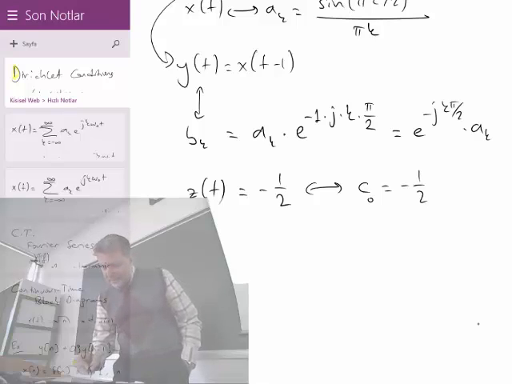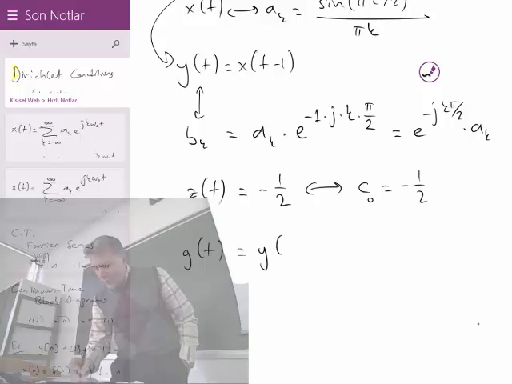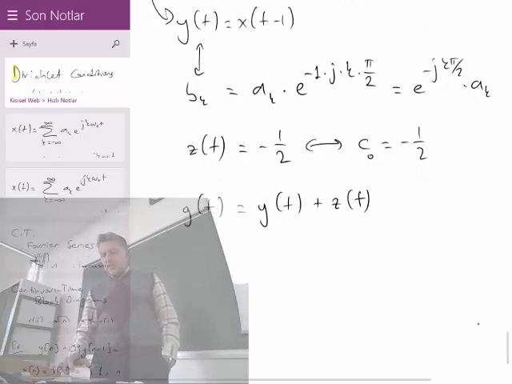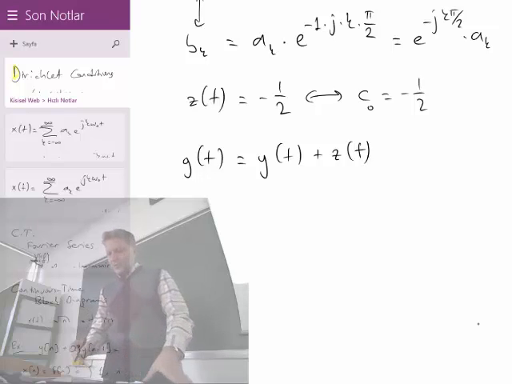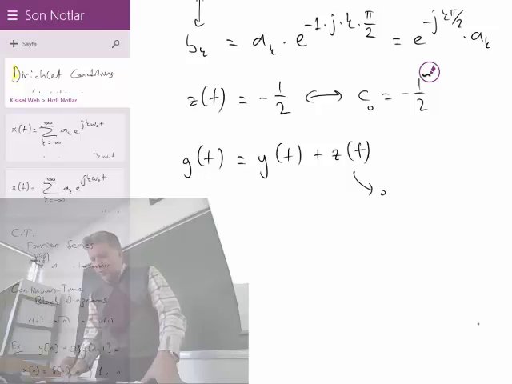So if I add y of t and z of t, these two signals, what am I going to do? I'm going to add their Fourier series coefficients. And the Fourier series coefficients of z of t exist only at 0.